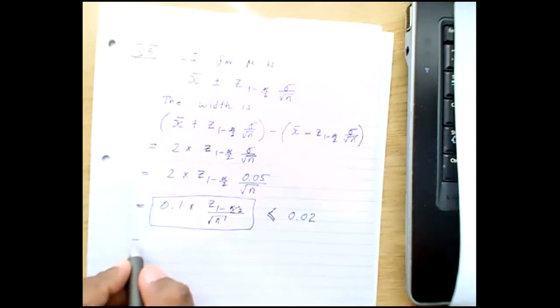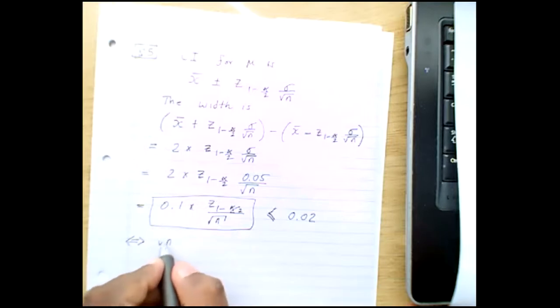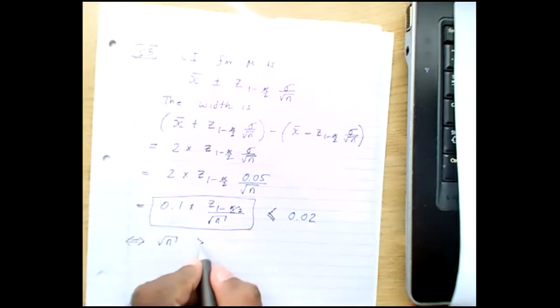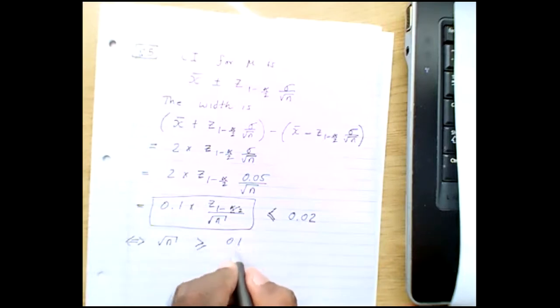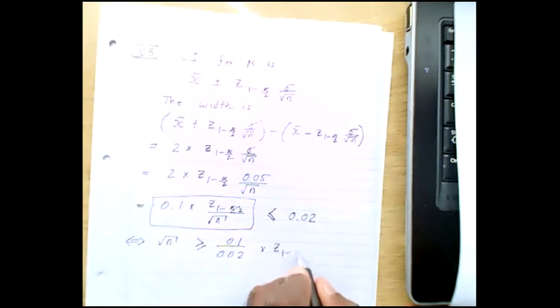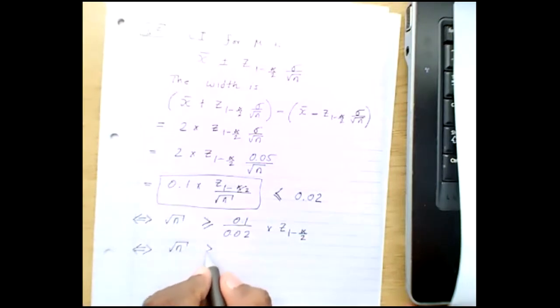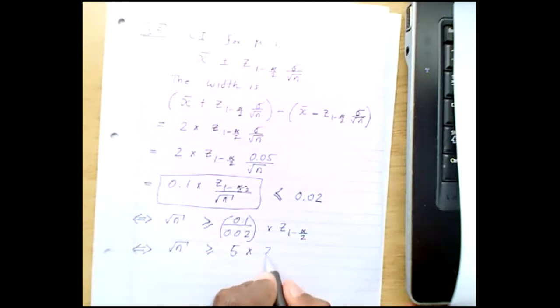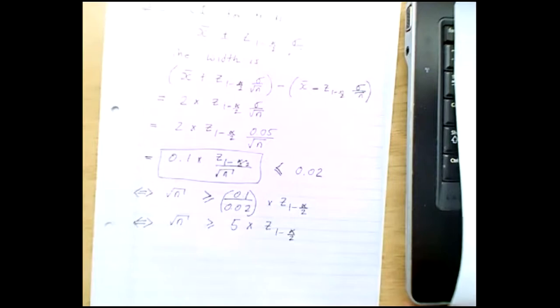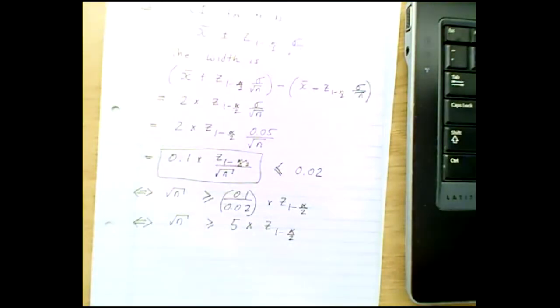So this implies that root of n must be greater than or equal to this, which is equal to 5 times z of 1 minus alpha by 2.